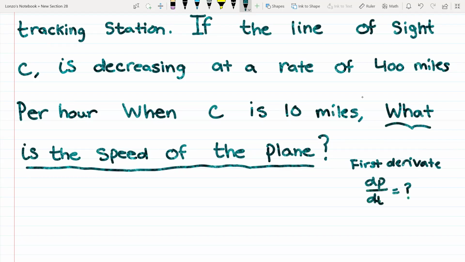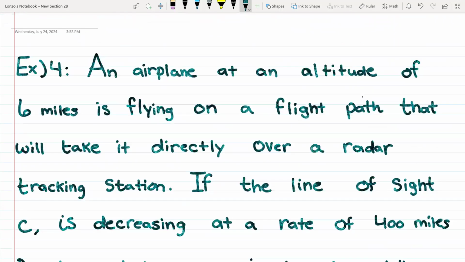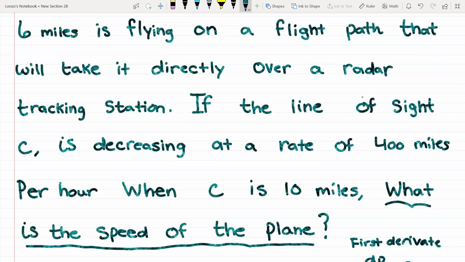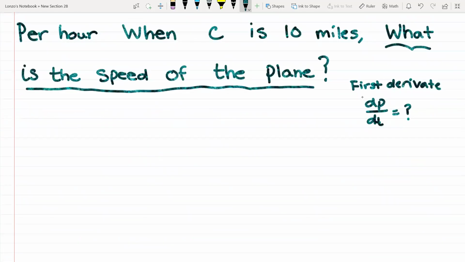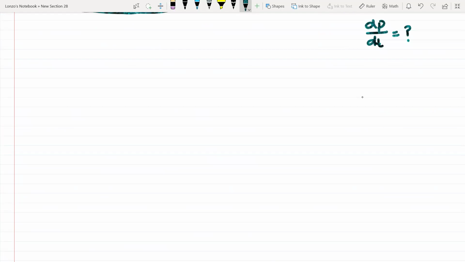Okay, so this is kind of hard to visually see. An airplane at an altitude of 6 miles is flying on a flight path that will take it directly over a radar tracking station. I don't really fly that much, but if you flew, this is what it should look like. Let's pretend you're in an airport or some kind of runway. Here's the radar.